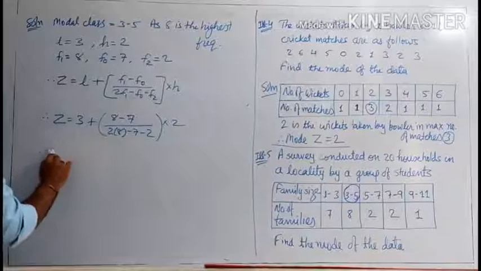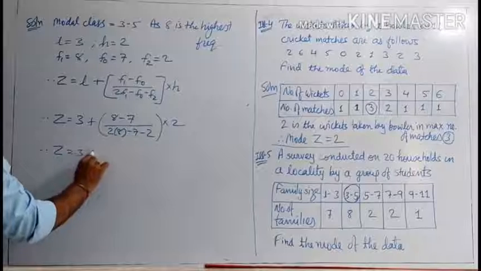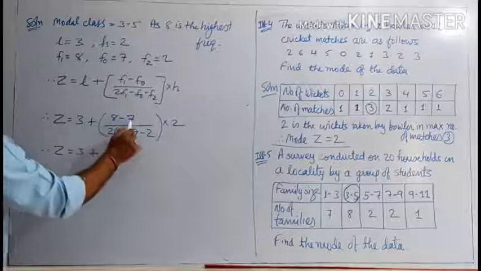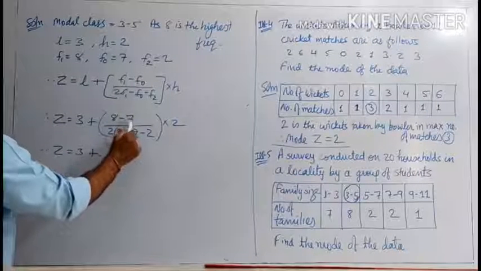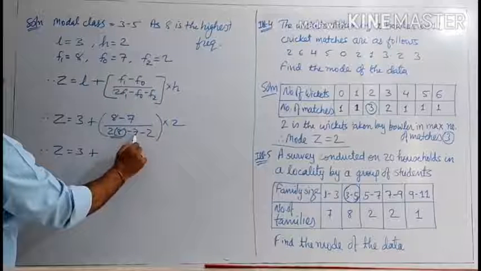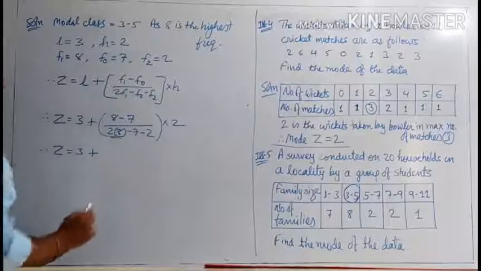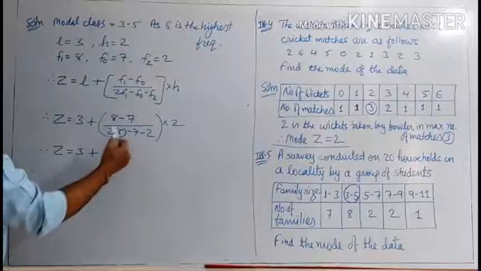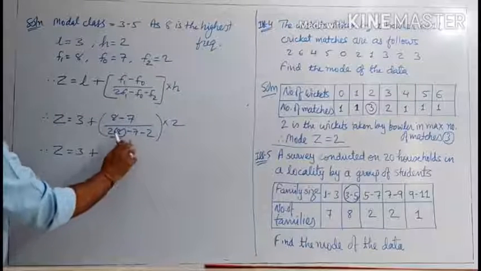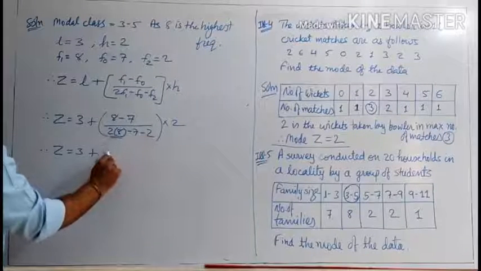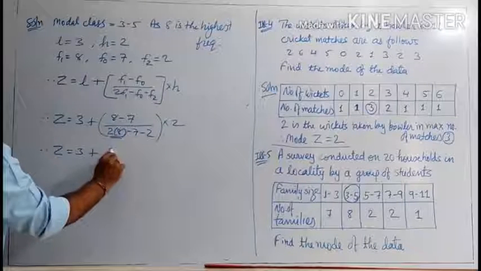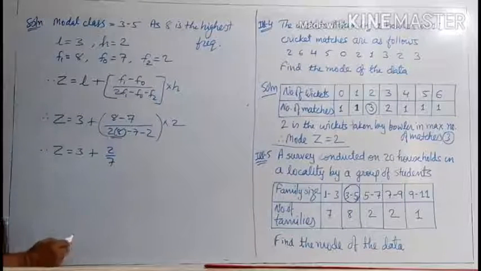So now we get mode is equal to 3 plus 8 minus 7 that is 1, divided by 2 times 8 is 16 minus 7 minus 2, 16 minus 9 that is 7, multiplied by 2. So 1 times 2 is 2, and we finally get 2 by 7.